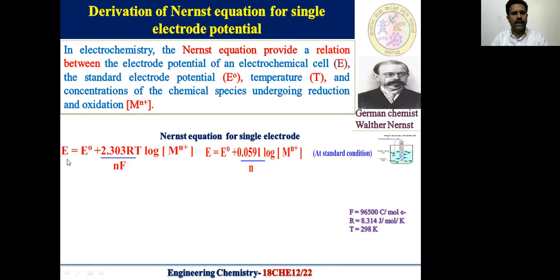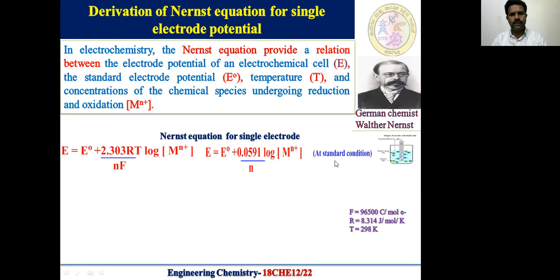Where E is the electrode potential of an electrode, E naught is the standard electrode potential of an electrode, R is the universal gas constant, and T is the absolute temperature. n is the number of moles of electrons involved in the cell reaction, and F is Faraday's constant, and M n plus is the concentration of the solution in which the electrode is immersed.